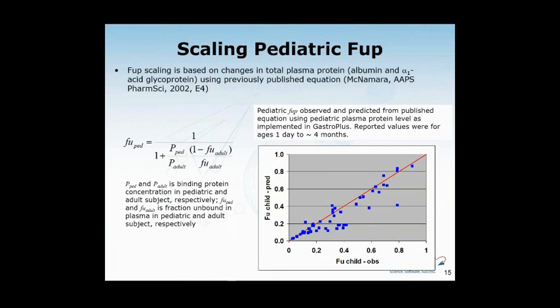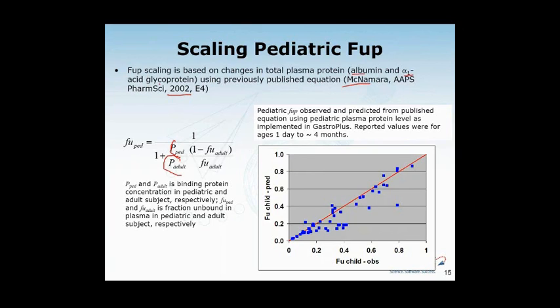Couple more words about the plasma protein binding scaling. And the equation that we are using was published back in 2002 by McNamara by looking at the scaling based on the protein in the pediatric or at given age and in the adult protein levels. But the algorithm that they suggested was looking separately at the albumin and at alpha acid glycoprotein.